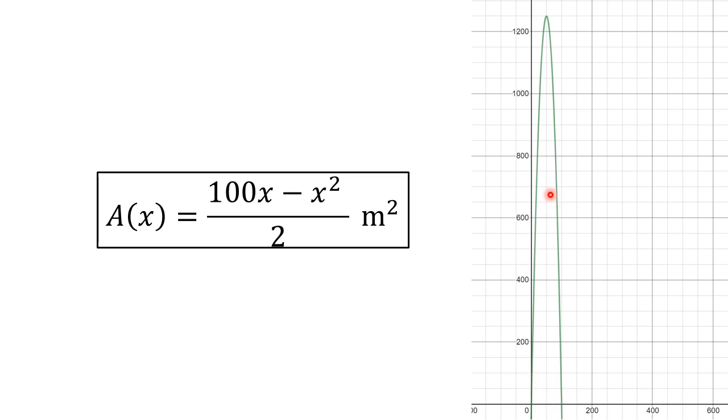So, ito yung graph ng function na 100x minus x squared all over 2 square meters because it's an area. This is a parabolic function. See? Basic lang. So, let's try another example.